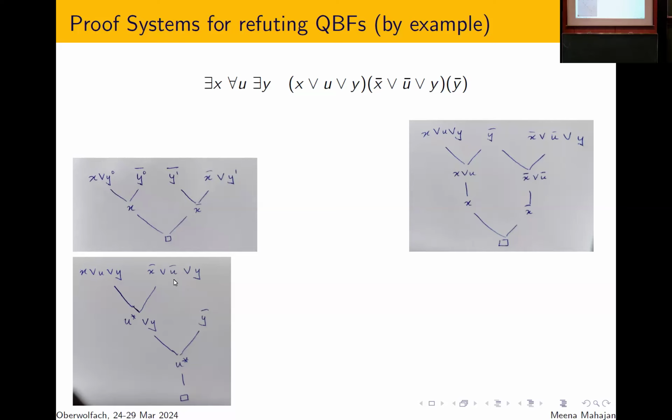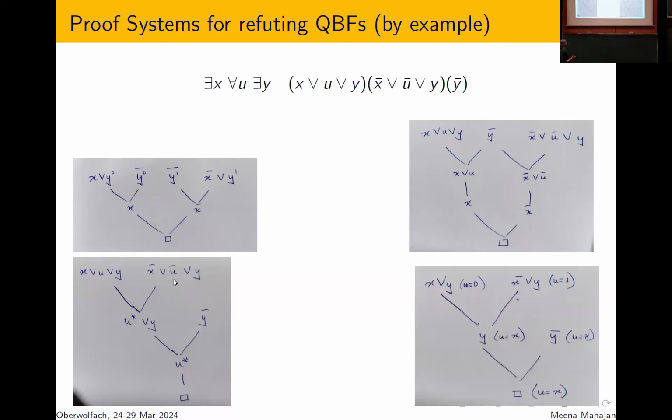U star really stands for the existence of a non-constant strategy for playing the value of u. And with this, again, you perform resolution and you still have the same reduction rule. U, negation of u or u star can be removed from a clause if it is the rightmost variable in that clause. And finally, you produce the empty clause.